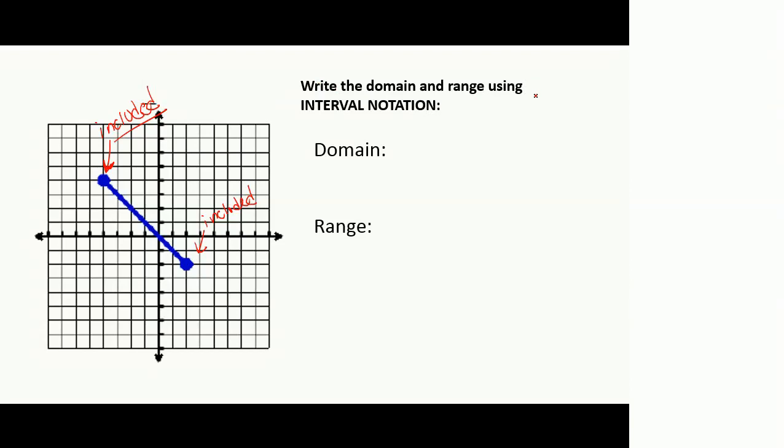It's going to look like an ordered pair, but with two kinds of parentheses, if you will. If we're going to include a number, we put what's known as a bracket. This means we're including the number. If we see a parenthesis, that means we're not including the number.